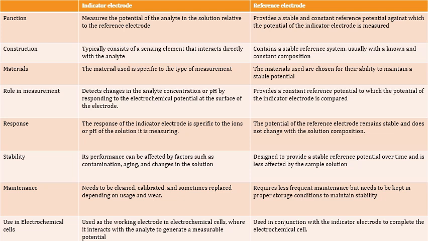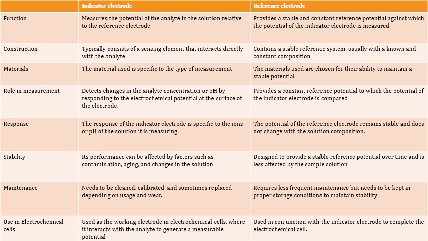Now, when we talk about stability of the indicator electrode, its performance can be affected by factors such as contamination, aging, and changes in solution. Regular calibration and maintenance are required. While the reference electrode is designed to provide a stable reference potential over time and is less affected by the sample solution.